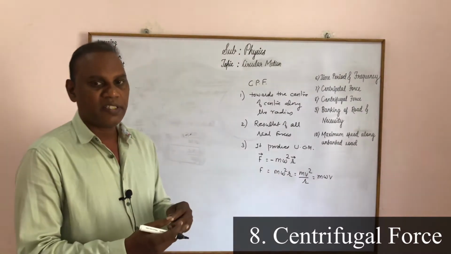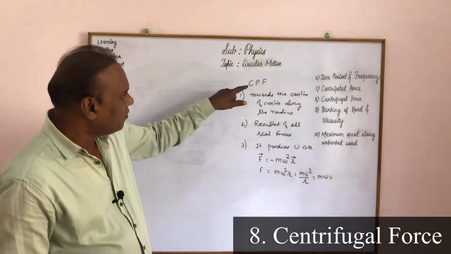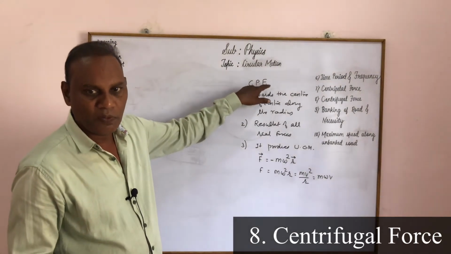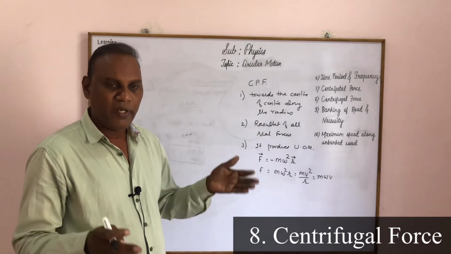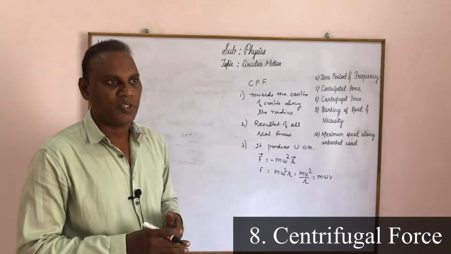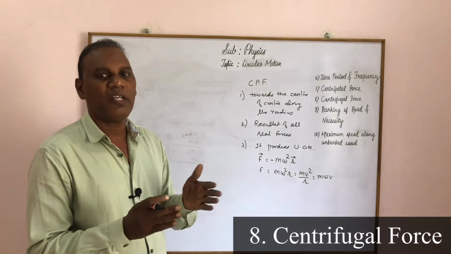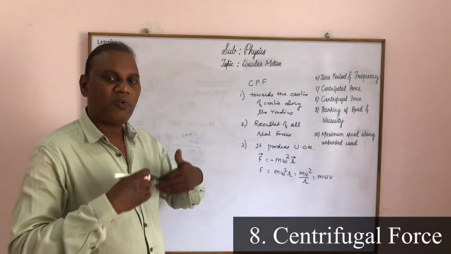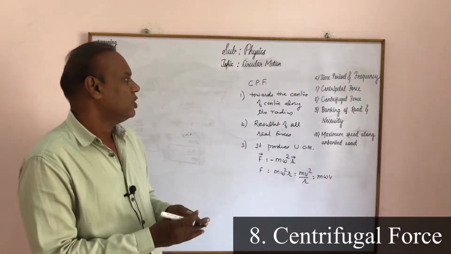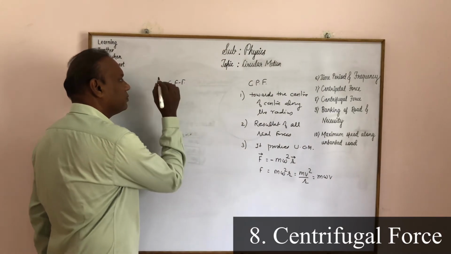To explain this, we need another force which is equal to the centripetal force and oppositely directed. To maintain a uniform circular motion, we need a force which is not real. We have to explain this existence. So such a force is called centrifugal force.